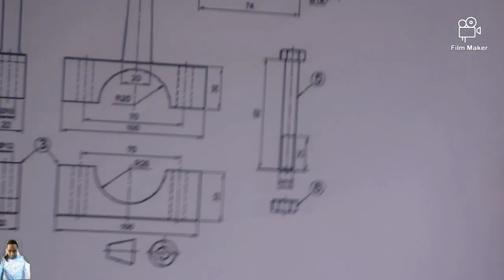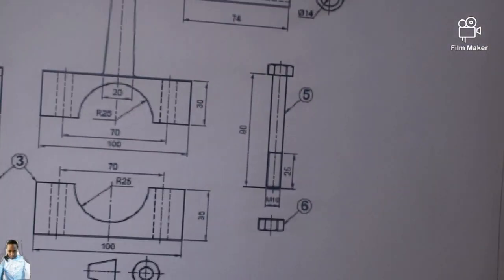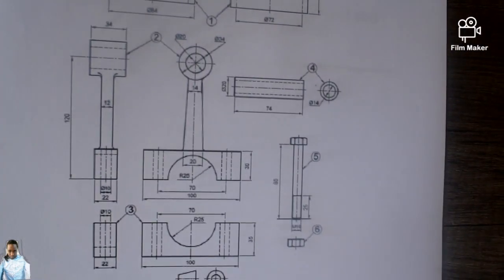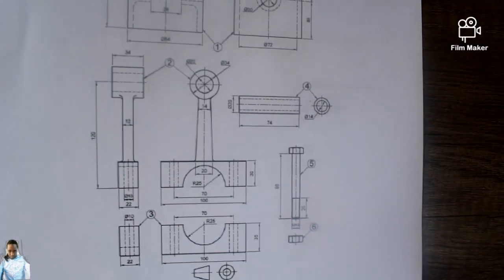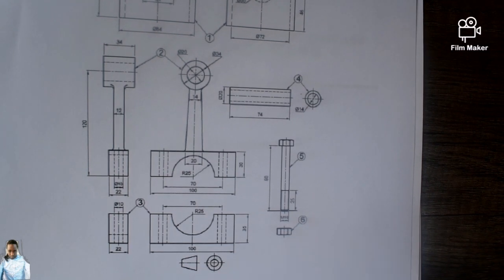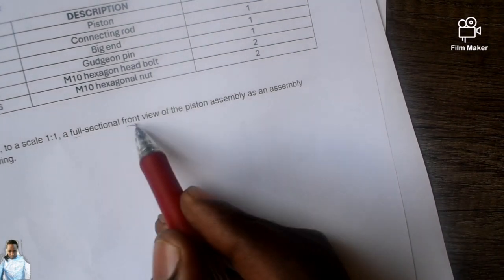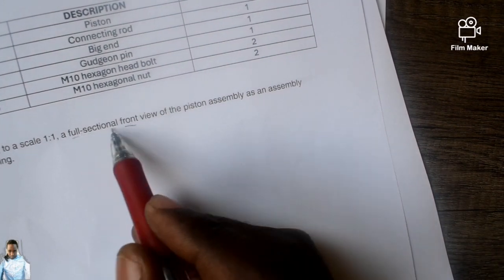These are the views of the items that we are given, and they are given in first angle orthographic projection. The question said draw a front, a full sectional front.